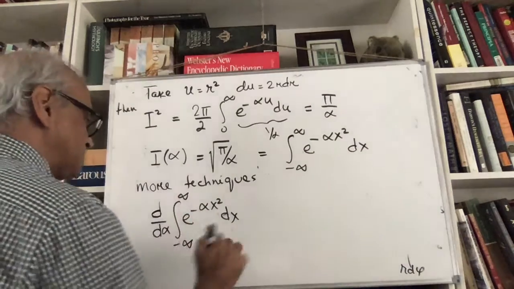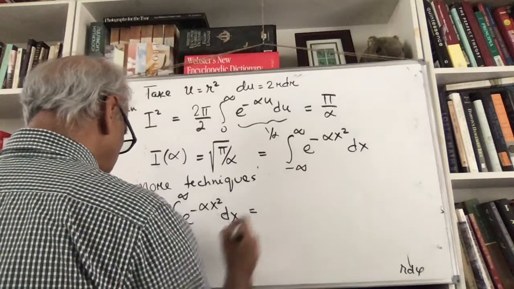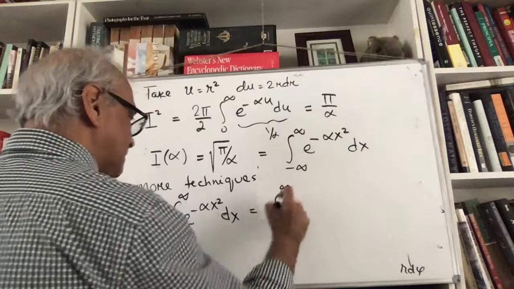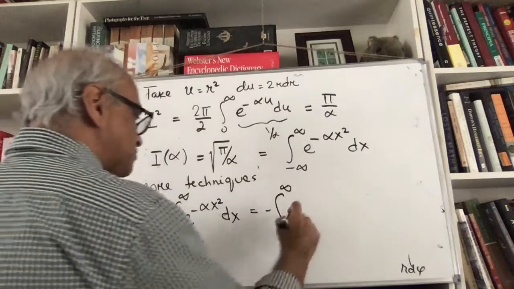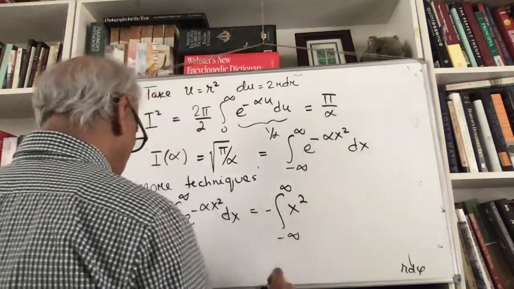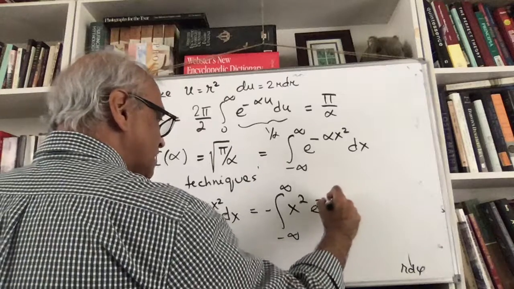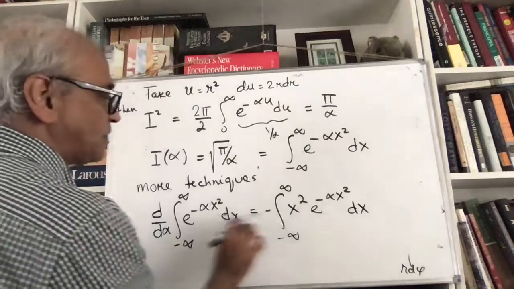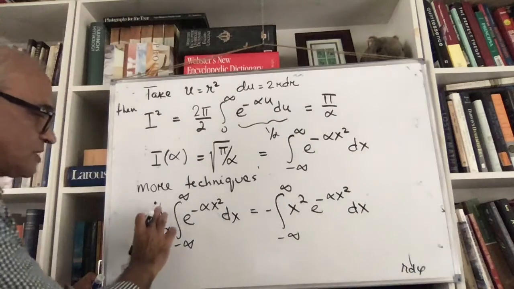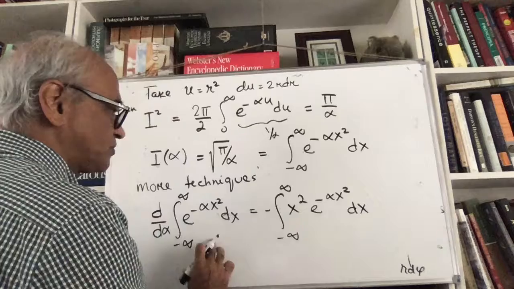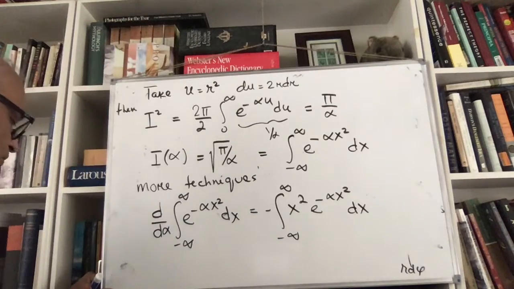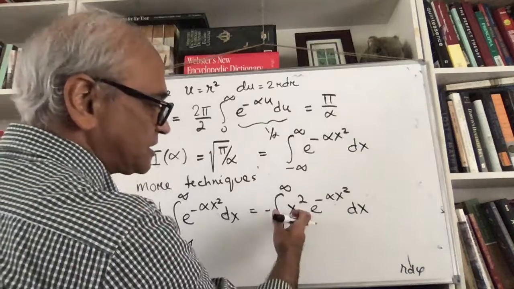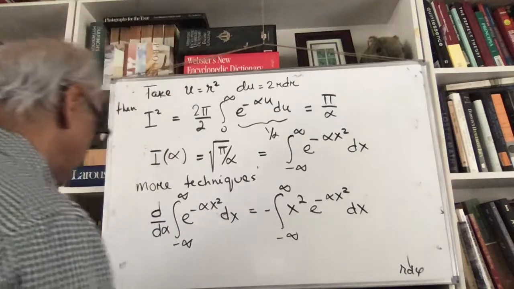And if I do this, everything remains the same, but you're differentiating with respect to alpha, so x squared comes down: x squared e to the power minus alpha x squared dx. These two are not the same integration, of course. This is the differentiation with respect to alpha that you get over here. So this x squared jumps out, but x is a variable, so you have to integrate with respect to it.